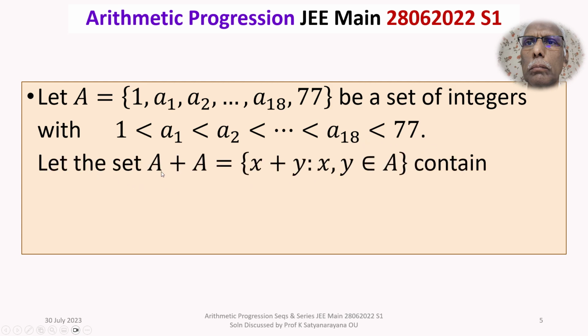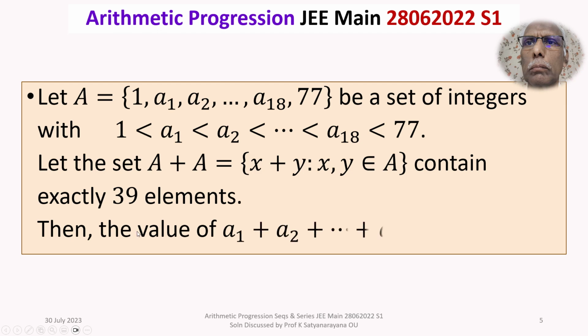Let the set A plus A, equal to the set of all x plus y, where x, y belong to A, contain exactly 39 elements. Then the value of a1 plus a2 plus etc., a18 is equal to.